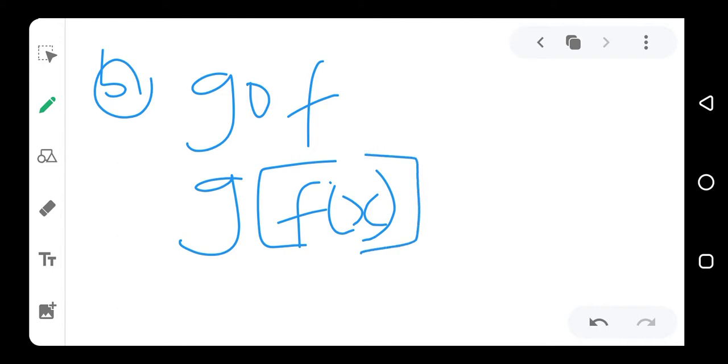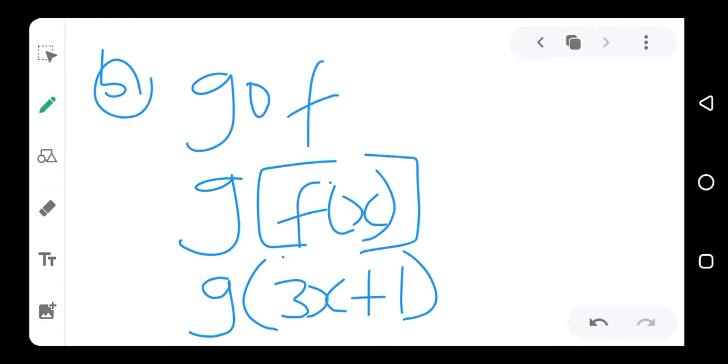That means we put the expression for f of x inside this bracket. Now it becomes g of 3x plus 1.